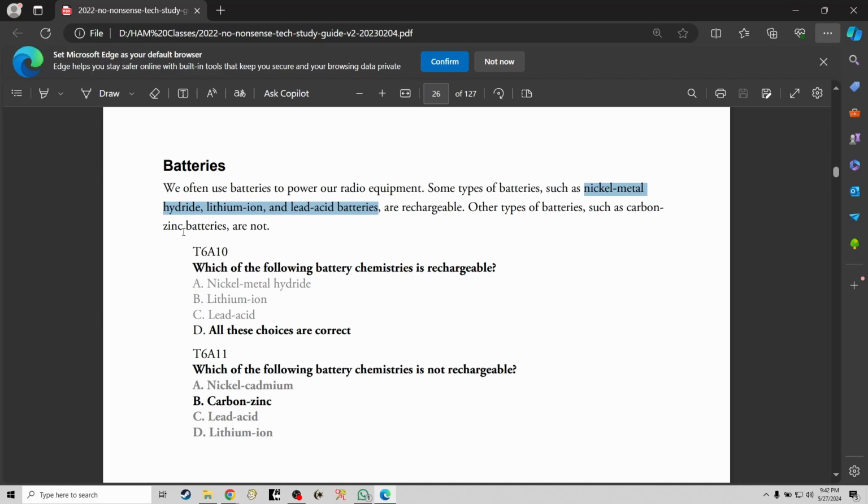Carbon zinc batteries would be like the AA and AAA batteries you would buy from Walmart, Duracell, things like that. Those are not rechargeable. They do make rechargeable ones, yes, but your normal everyday battery, of course, is not rechargeable.